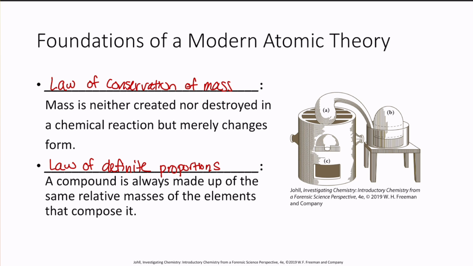And so wherever I find H2O, it will always be two hydrogens and one oxygen. The experiments used to establish the law of definite proportions were characterized by careful measurements that yielded accurate and precise results in a laboratory setting.